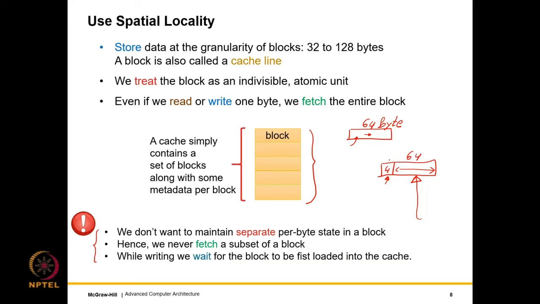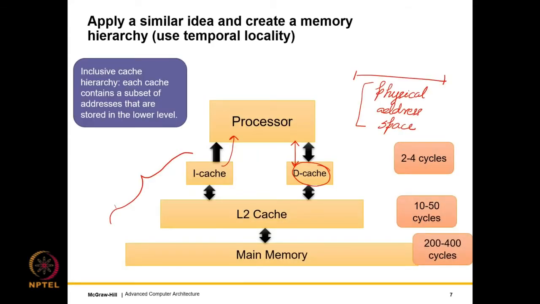So if we want to write even one byte to a 64 byte block, and the block is not there in the cache, for example, not there in the L2 cache, we fetch it from the lower level. Let's say it is found in the L2 cache. We fetch the entire 64 bytes. Once the entire 64 bytes are there in the data cache, then we access the corresponding bytes and write to them. Alright, this is important.